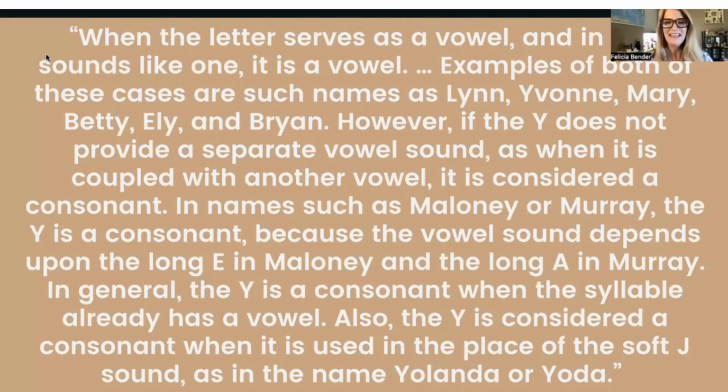Again, you get to play with the verbal here. In general, the Y is a consonant when the syllable already has a vowel. Also, the Y is considered a consonant when it is used in the place of the soft J sound, as in the name Yolanda or Yoda.